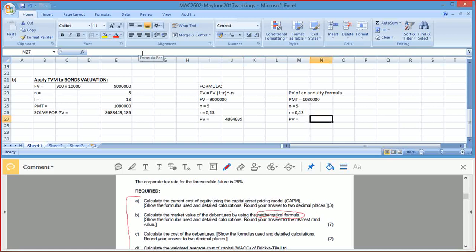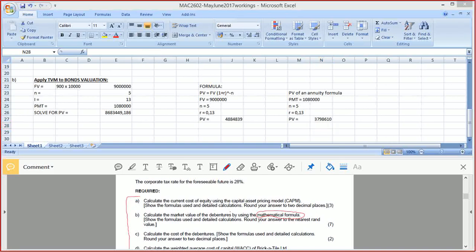And then you do the other one as well. PMT, 5 is N, and then 13 is my rate. And then wait, did this present value of an annuity, that one, it's fine that you do it with the calculator. Well, see, the thing is, remember, they said use the formula, so then you'd have to actually use the formula. That's the only problem with this.